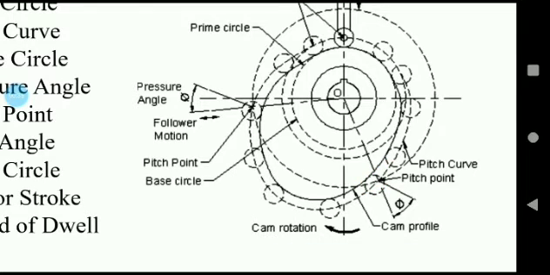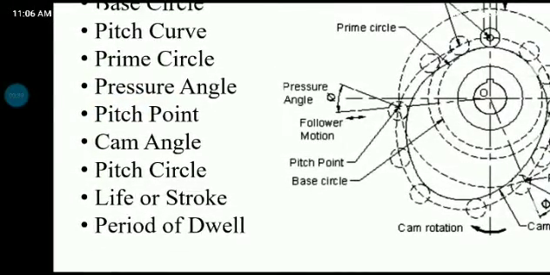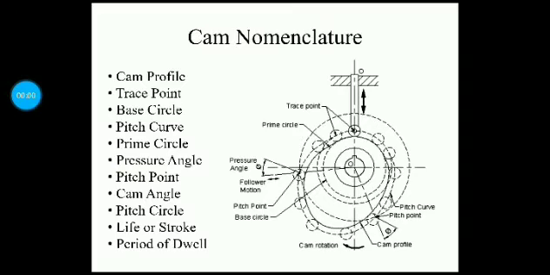Next is cam angle. This is the angle of rotation of cam for a definite displacement of follower. Cam angle will be in degrees. As you know, when the cam rotates one complete revolution, then that means it has completed a cam angle of 360 degree. Next is pitch circle.